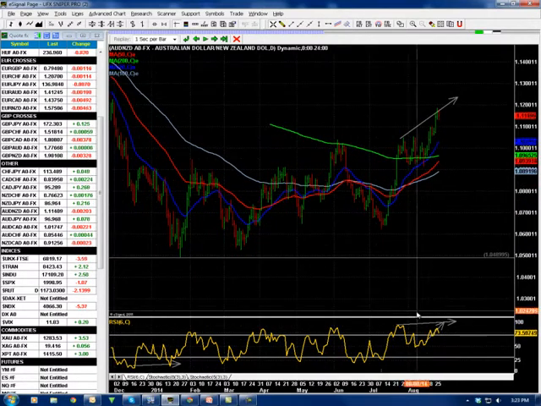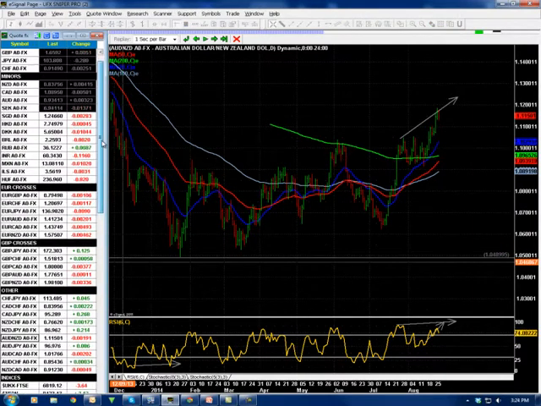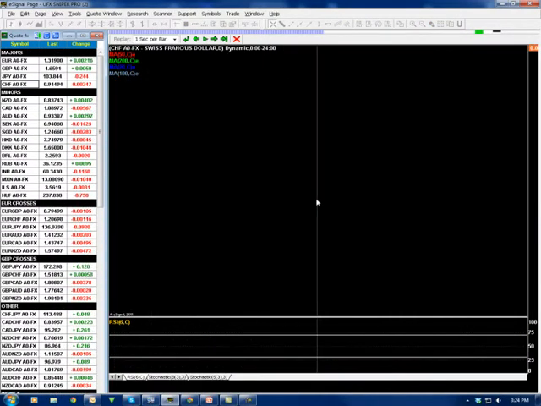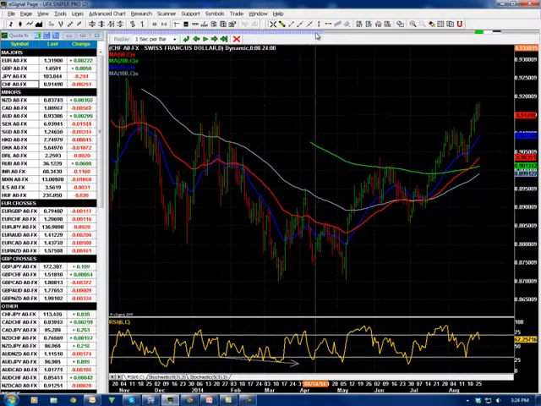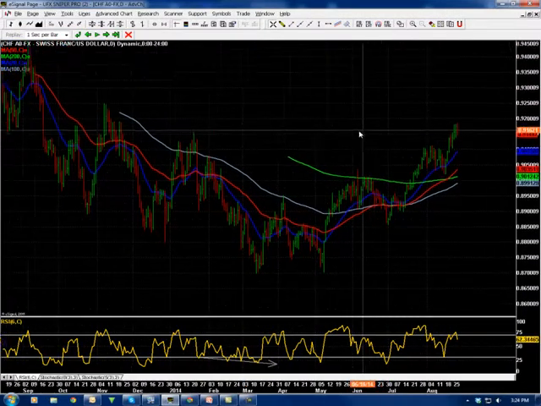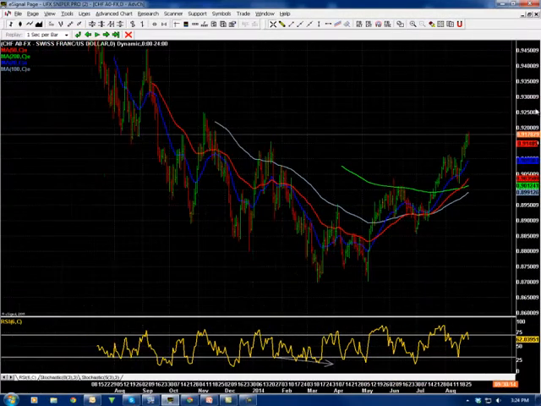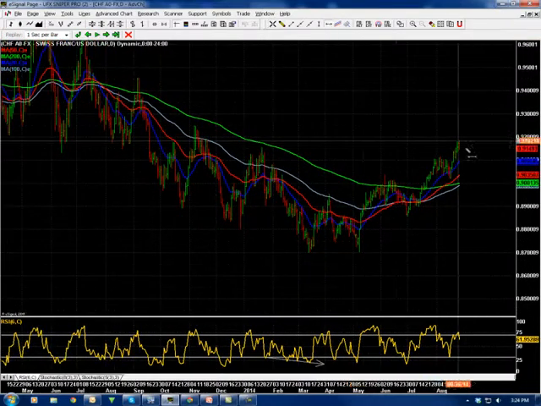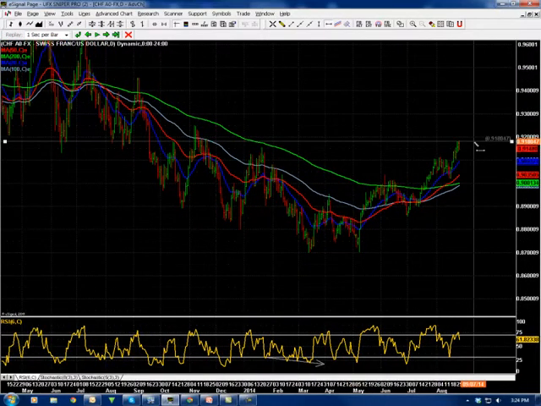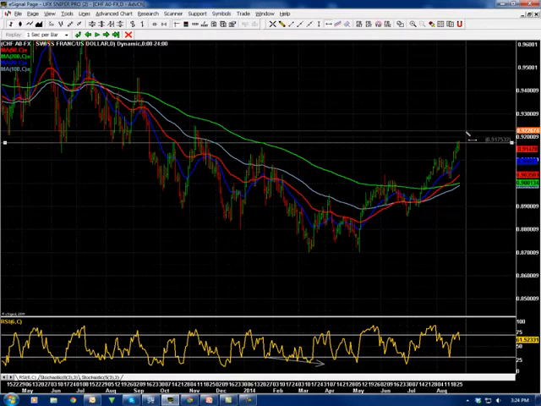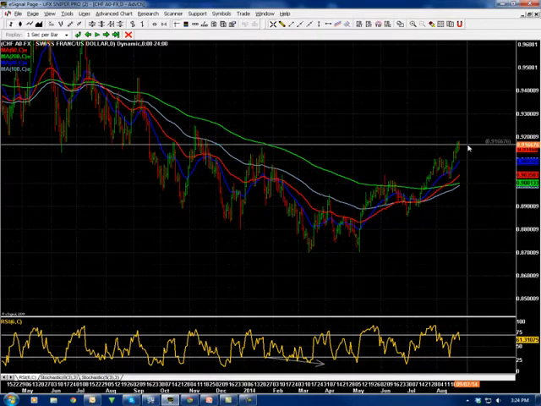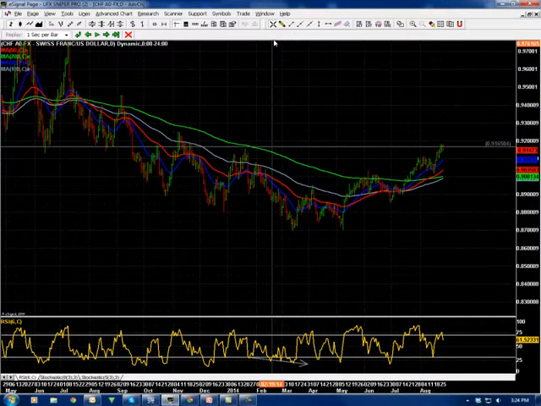Now, if you go into the Swiss franc, something that I'm looking at up here, and put some levels up. There we go. So that is a level.